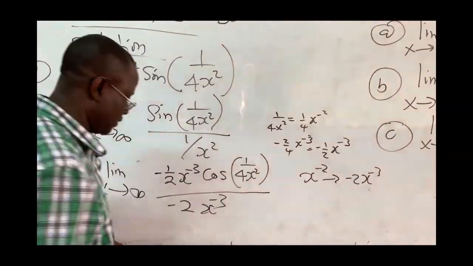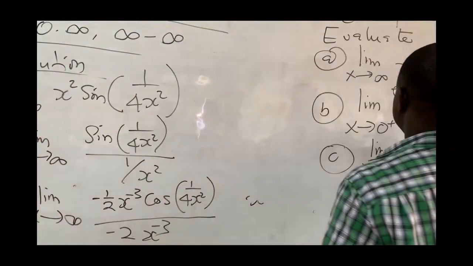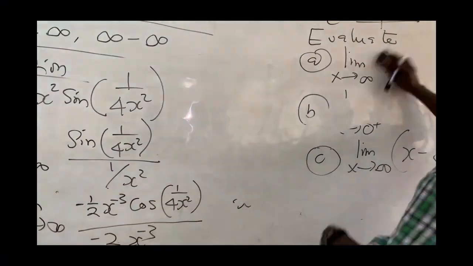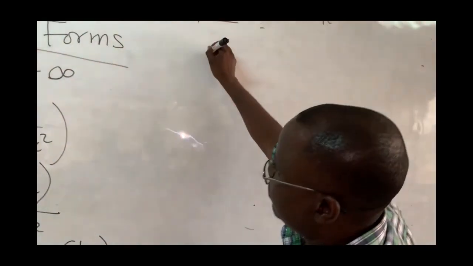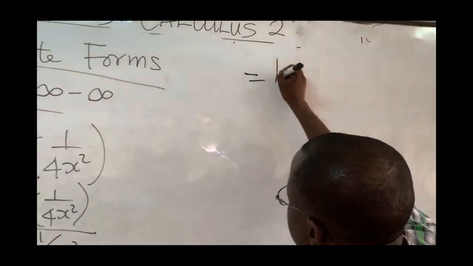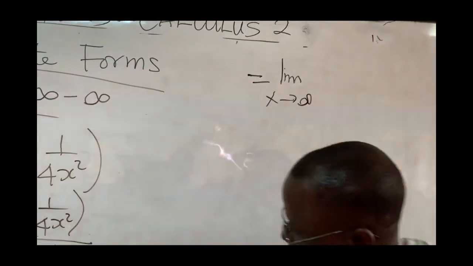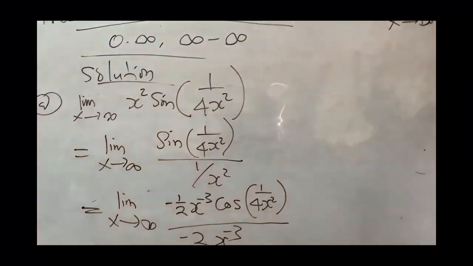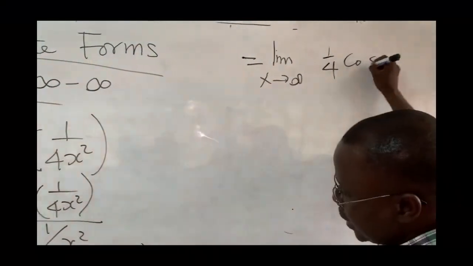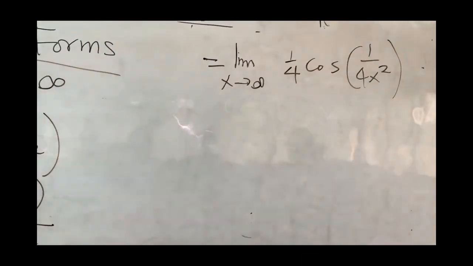So from here, let's go over here. We know this, so we can do this later. So this implies this is equal to the limit as x goes to infinity of... Because these cancel out and the negatives cancel, I'm just going to have 1 over 4 here, and then cosine of 1 over 4x squared.